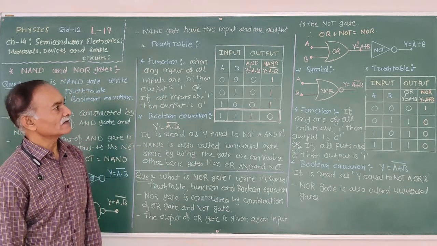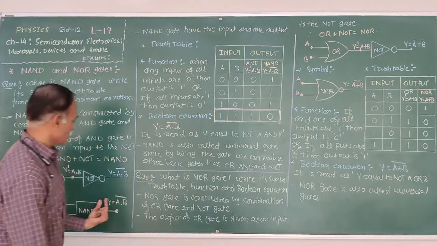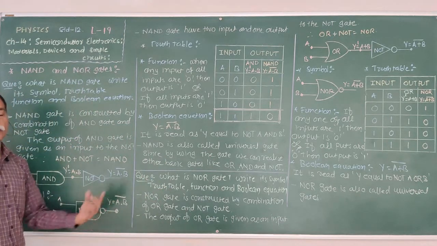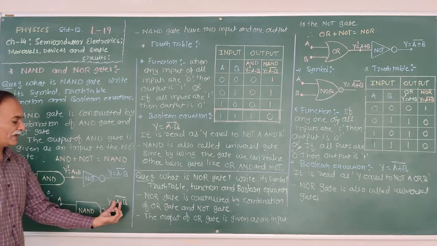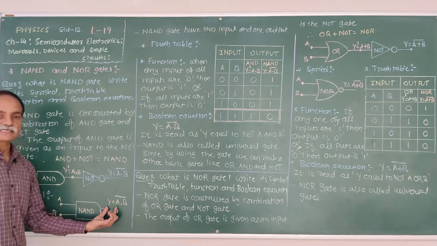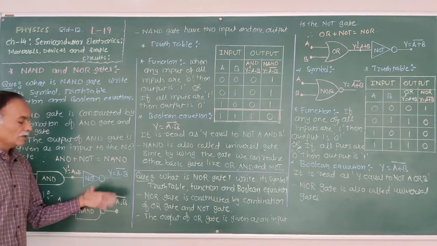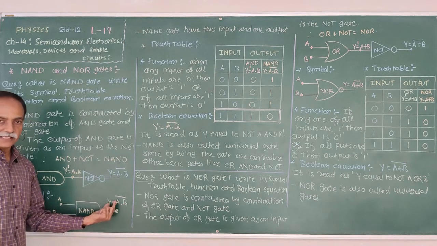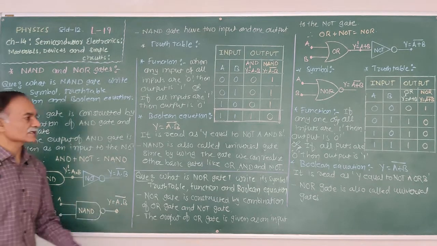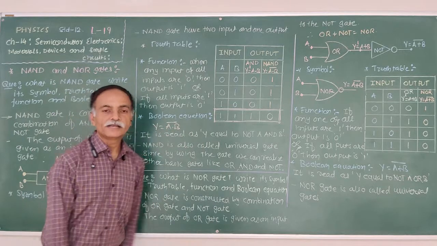What is the Boolean equation for the NAND gate? Y is equal to (A dot B) bar. A dot B is the Boolean equation for the AND gate. Now the bar of this A dot B gives the Boolean equation for the NAND gate.